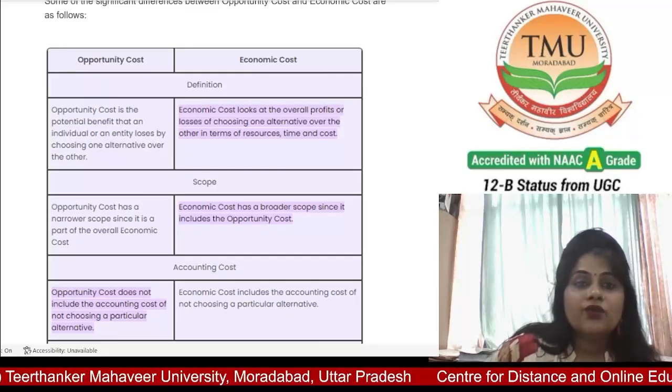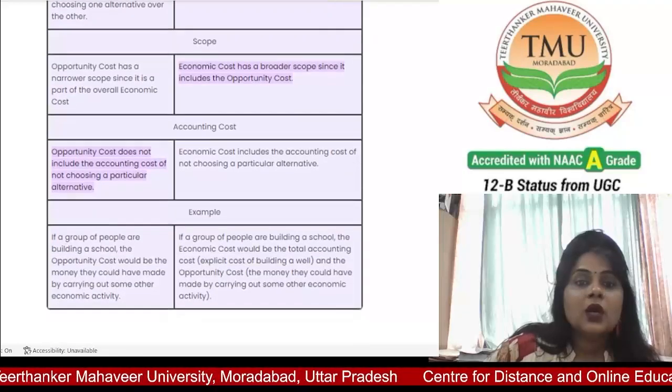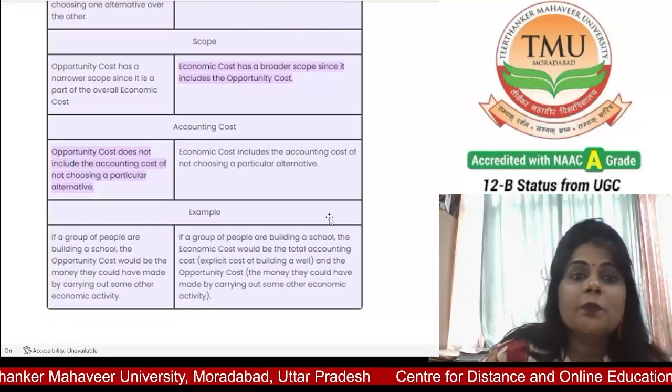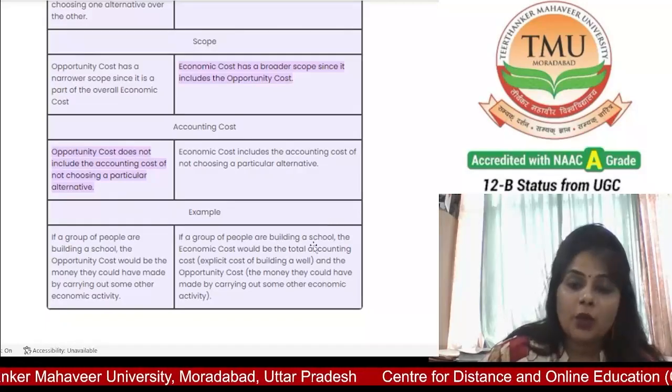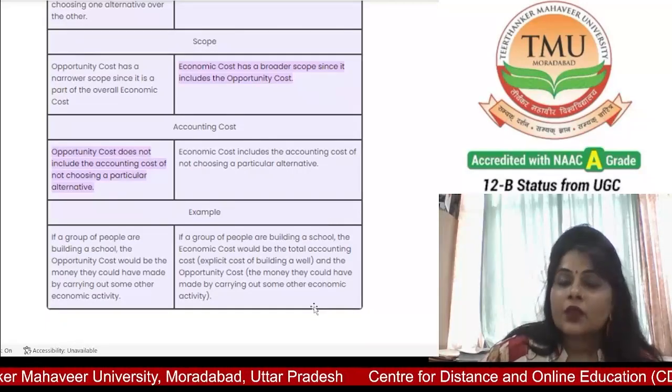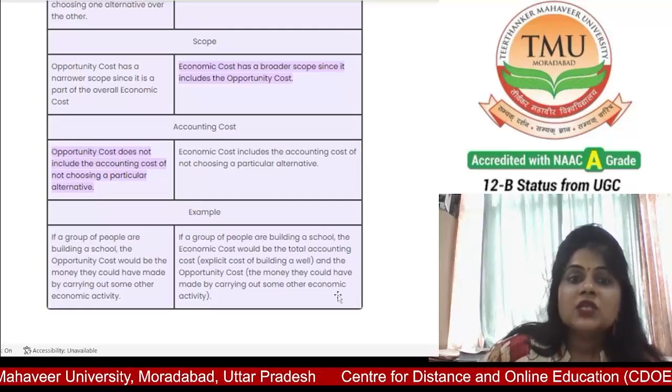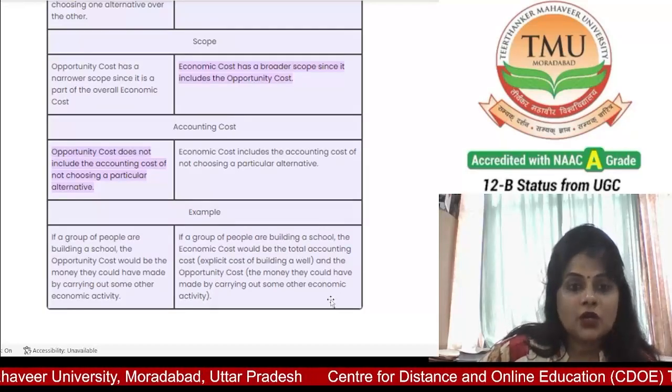And if we see the scope, opportunity cost has a narrower scope since it is a part of the overall economic cost, while economic cost has a broader scope since it includes the opportunity cost.